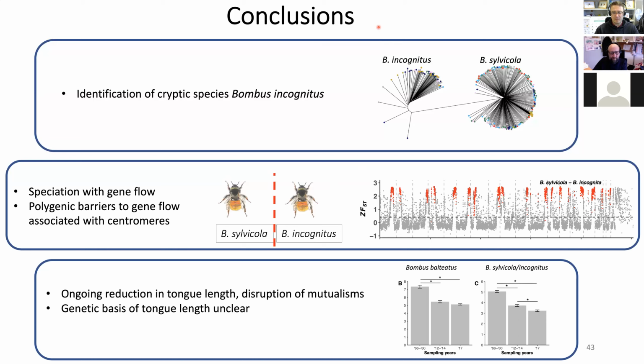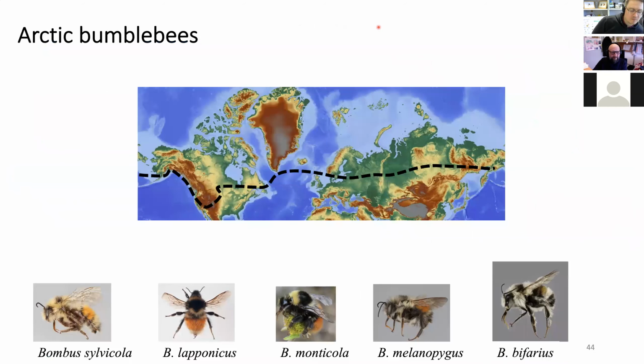So just to wrap up, I thought these species have a sort of circumpolar distribution, and it seems there are a lot of interesting questions regarding the diversity of these species.